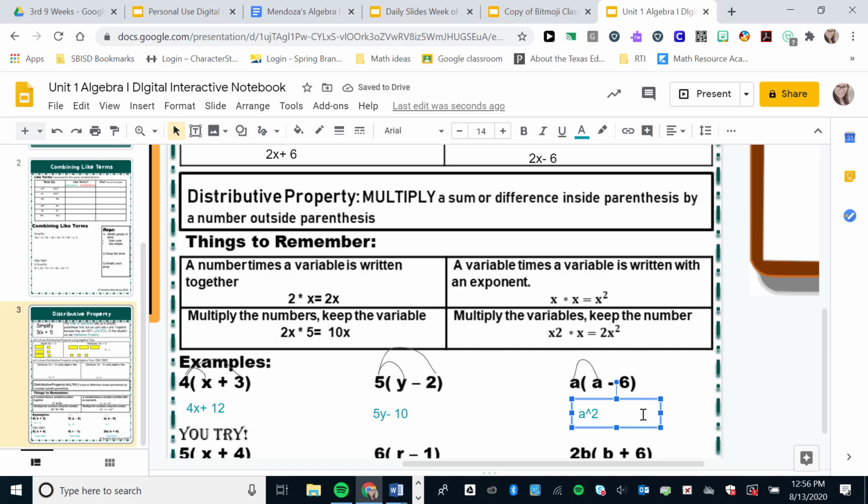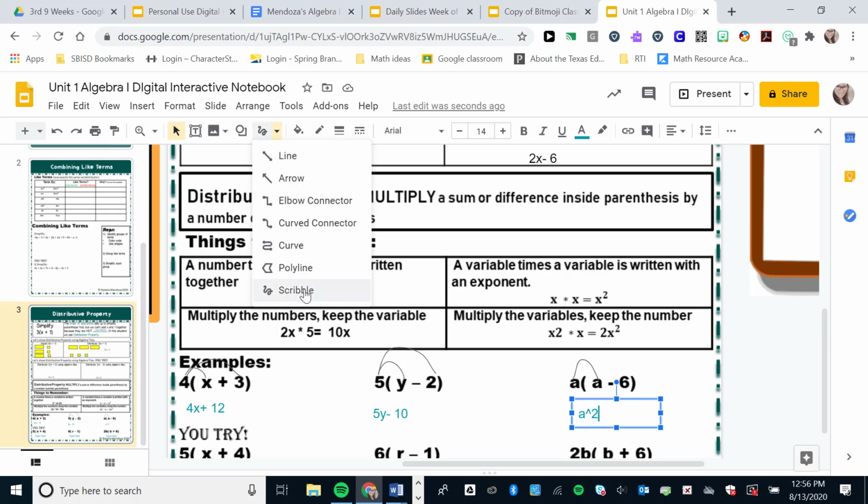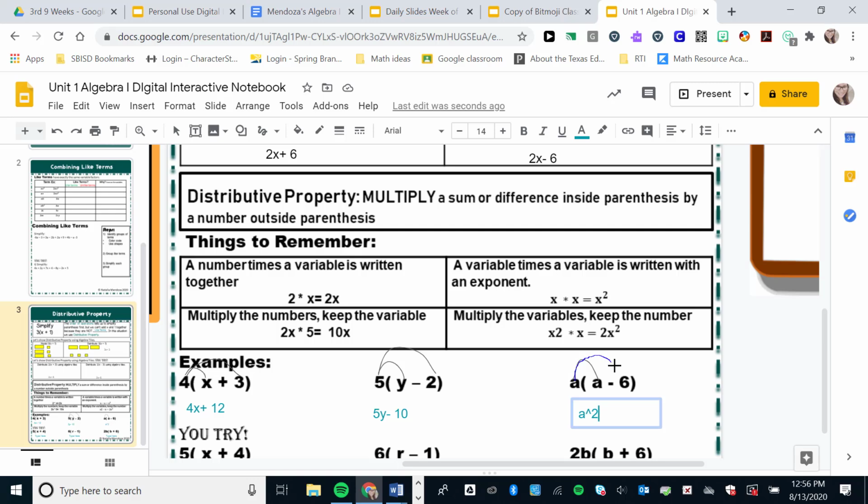All right, and then the next one is A times negative 6. So that's the same as minus 6a. So whatever number of variables you multiply, that's what you put there. And then a times negative 6 is the same as negative 6a. So we always put the coefficient in front of the variable. Don't do what I did over here. I messed it up, okay?